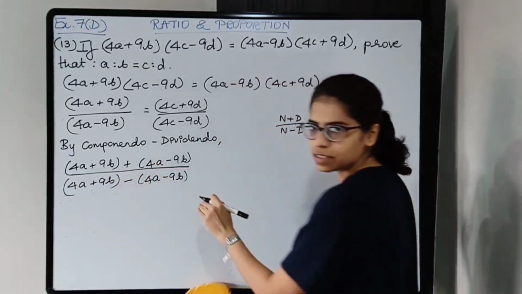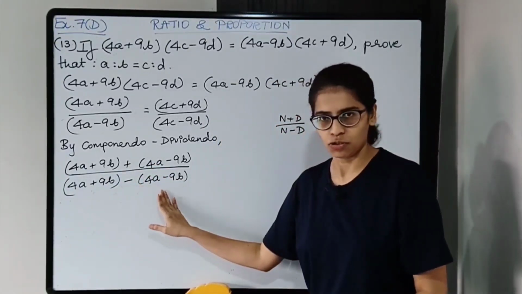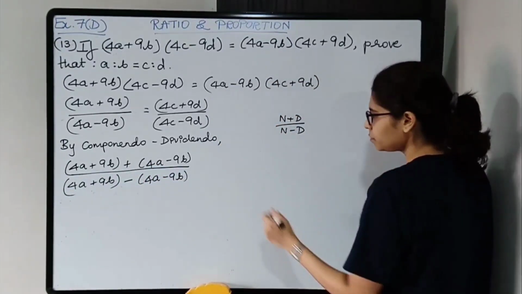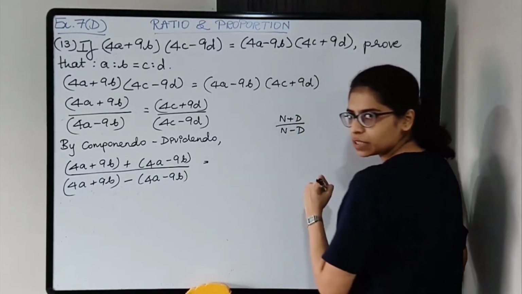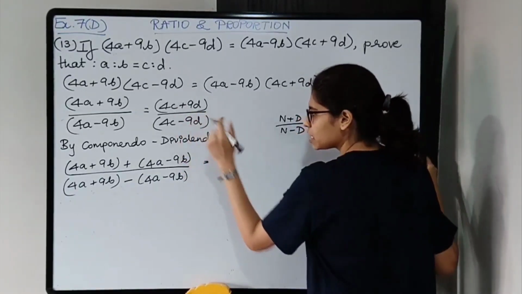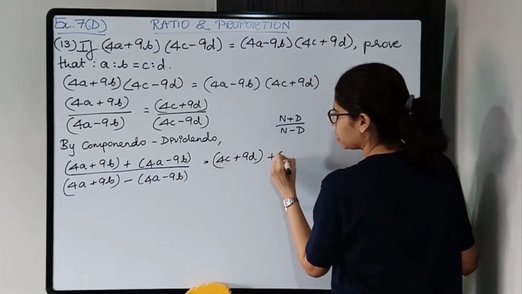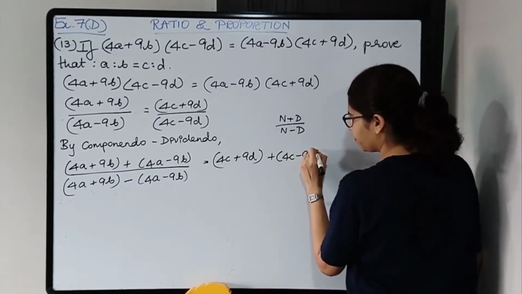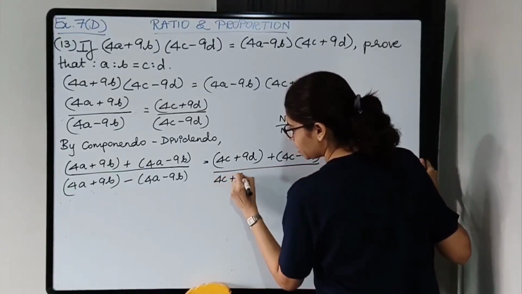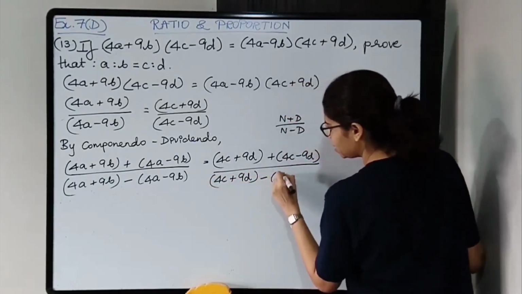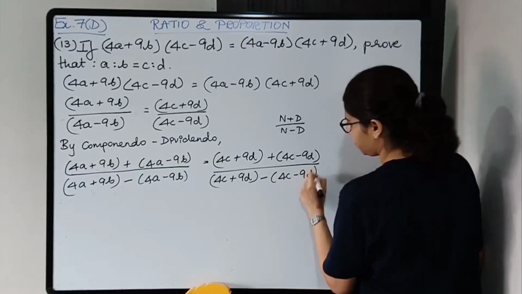Please put brackets because the signs will change. Here also simultaneously same thing, numerator plus denominator, so 4c plus 9d plus 4c minus 9d upon 4c plus 9d minus 4c minus 9d.